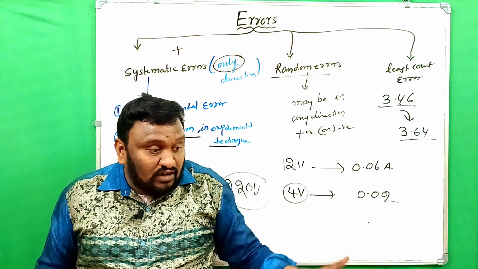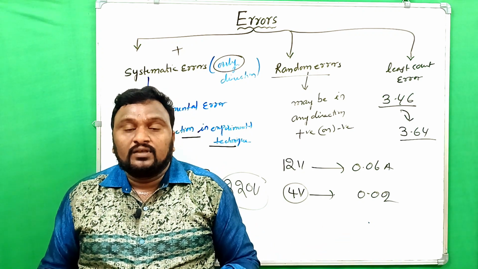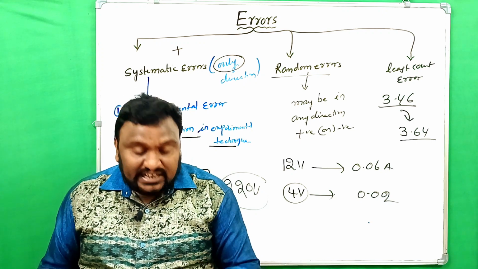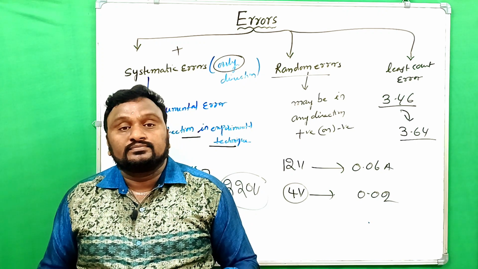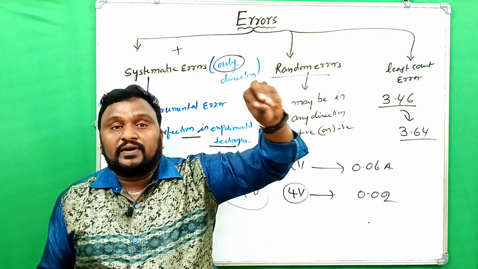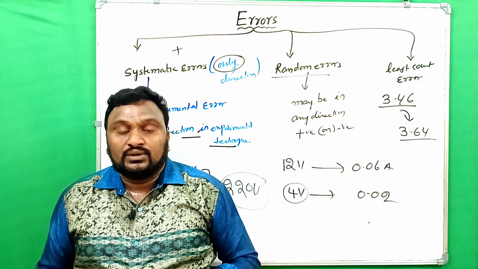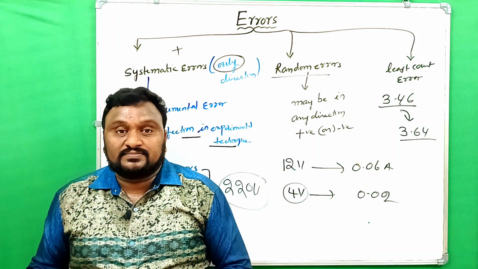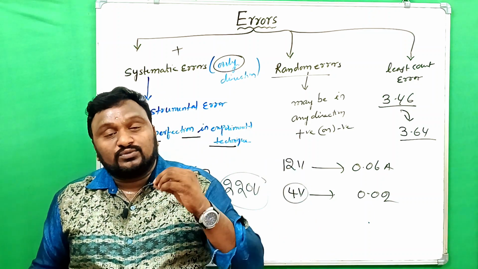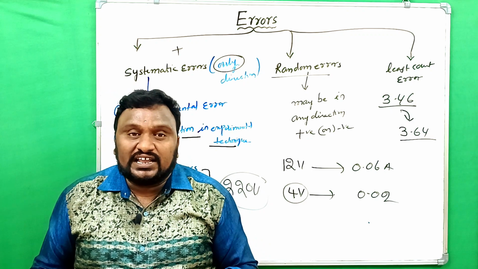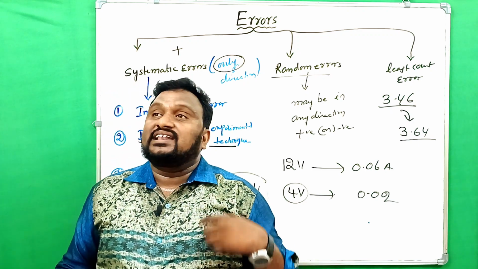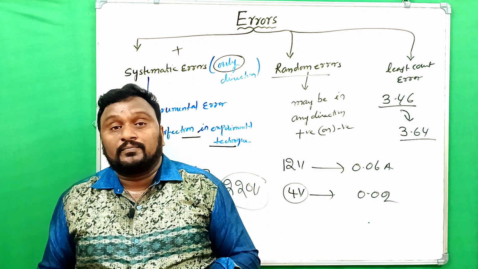In the surrounding we may have some cool atmosphere. For example, we are doing the heat experiment in our lab. If you are doing the same experiment in cold countries, then obviously you will get some errors because of the surrounding atmosphere. So that's why here we are not expecting any surrounding temperatures, any sudden rise or fall.